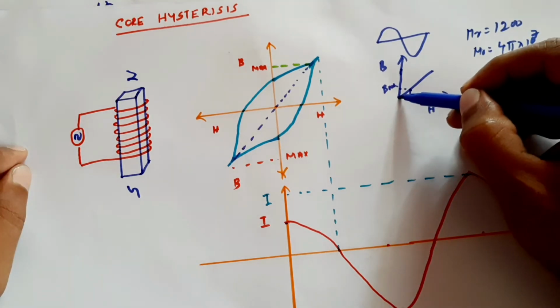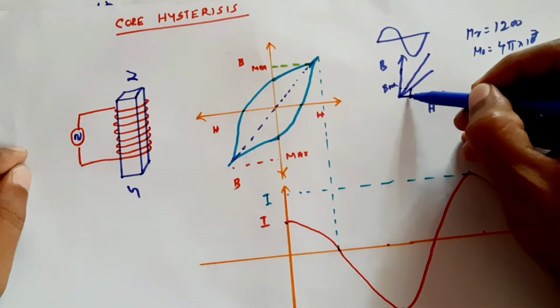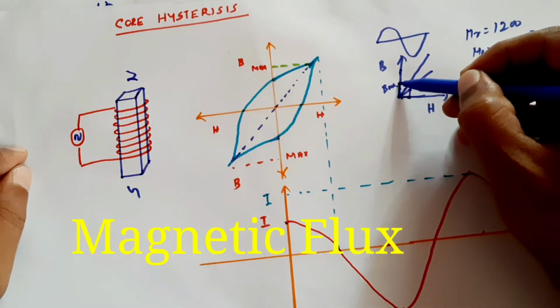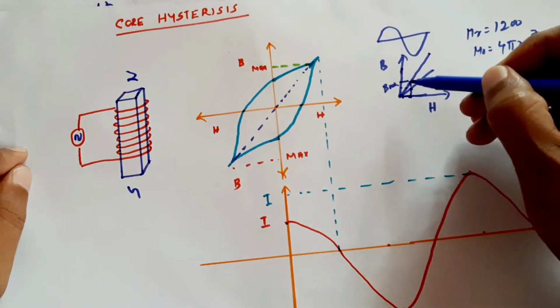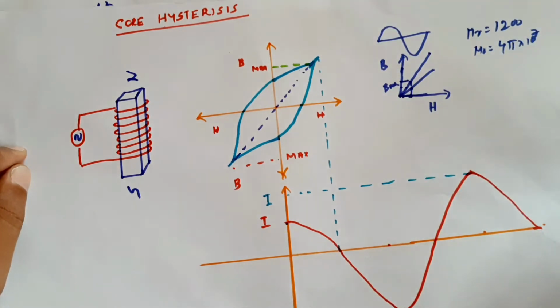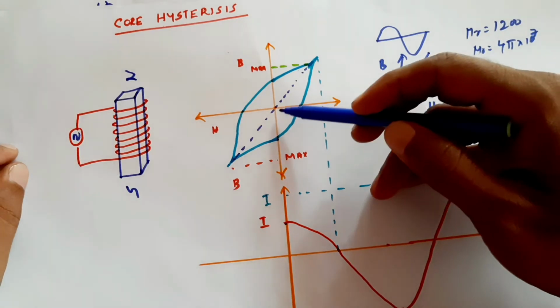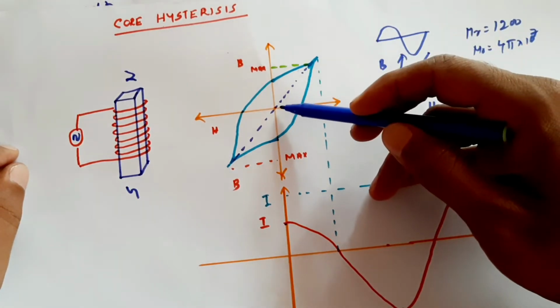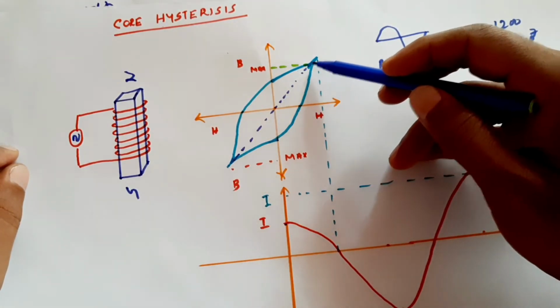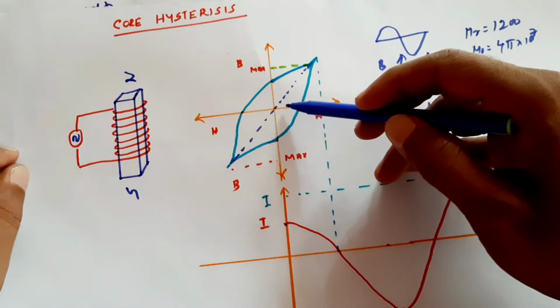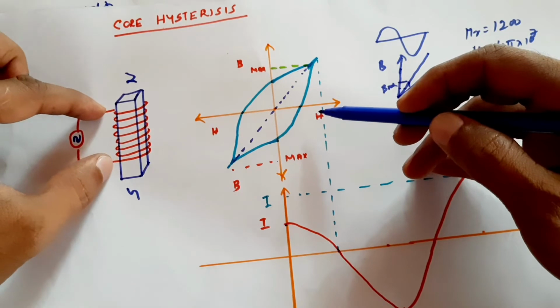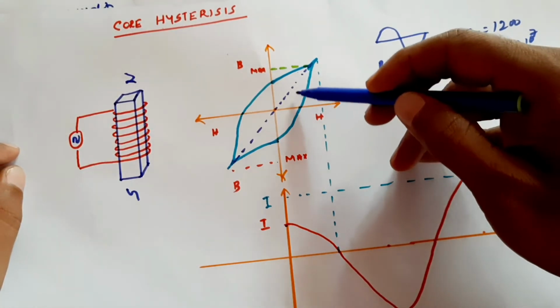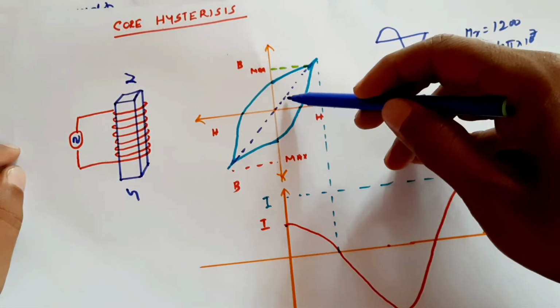If the relative permeability is higher, with the same force more magnetic field is created. That means as relative permeability increases, the flux generated inside the core increases. At the starting, the relative permeability is very high, so for a small change in the magnetic force, the flux generated inside the core is very small.